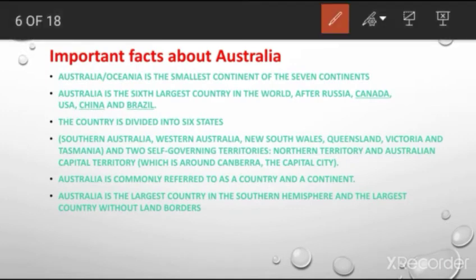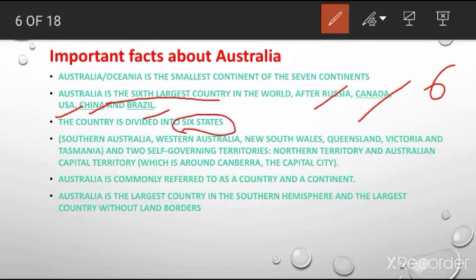Important facts to remember about Australia. Australia is the smallest continent of the 7 continents. Australia is the sixth largest country, remember, sixth, after Russia, Canada, USA, China, and Brazil. The country is divided into 6 states. Yes, I have shown you the 6 states, right? Australia is commonly referred to as a country as well as a continent.